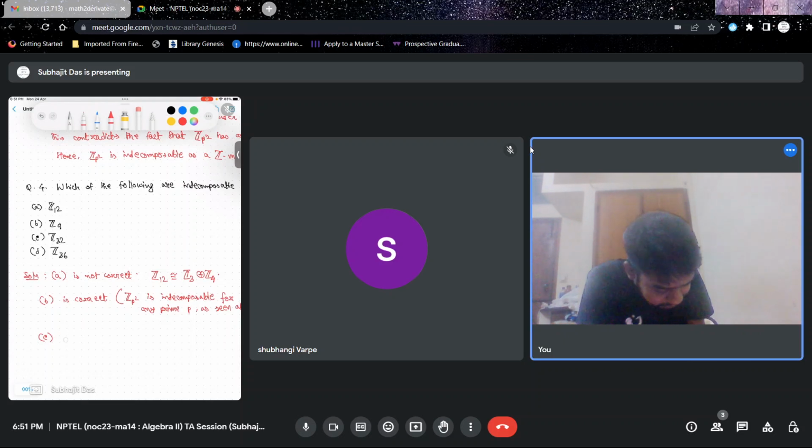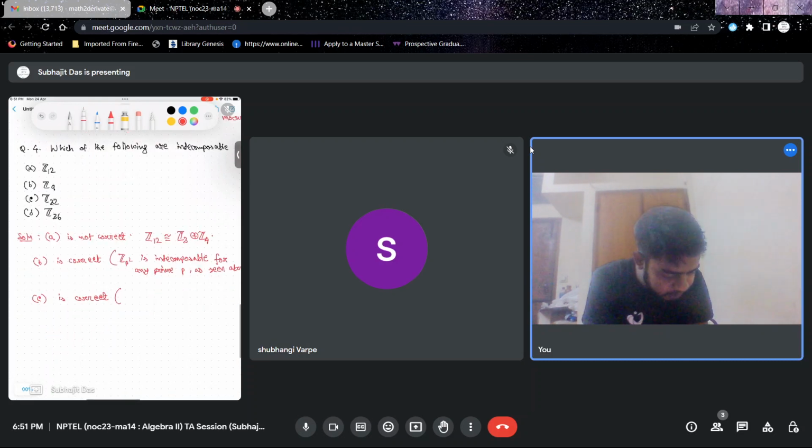So Z32, option C is again correct, right? The idea that we used to show that Zp square is indecomposable, the same idea you can use to show that Zp to the power n is indecomposable for any prime p and n greater than 1. So it's correct.